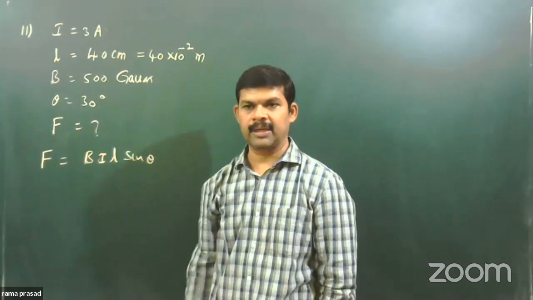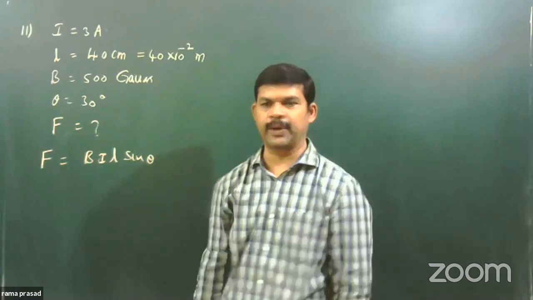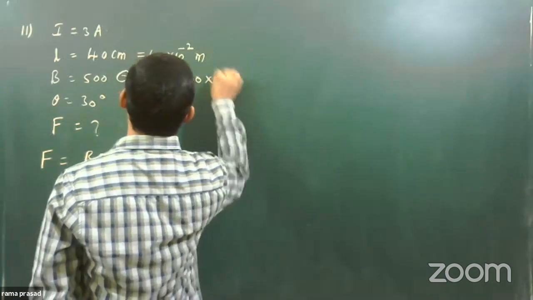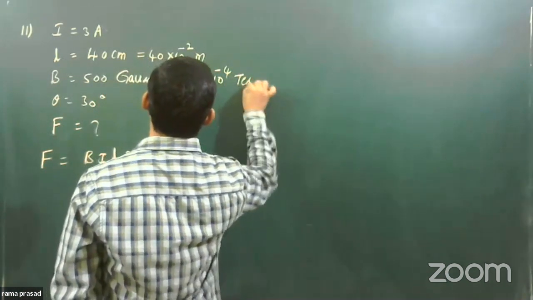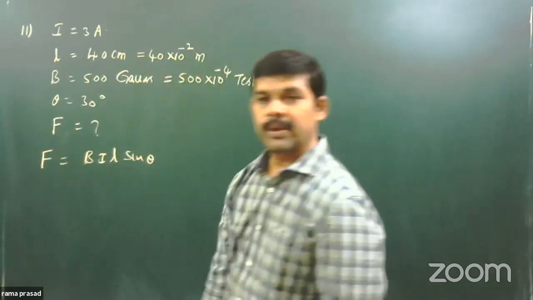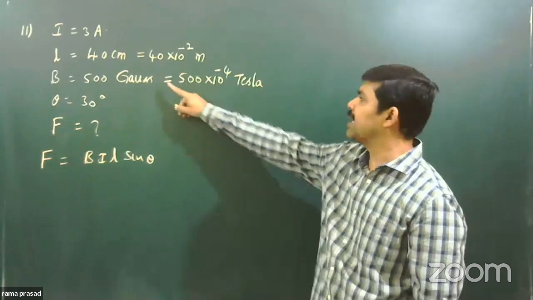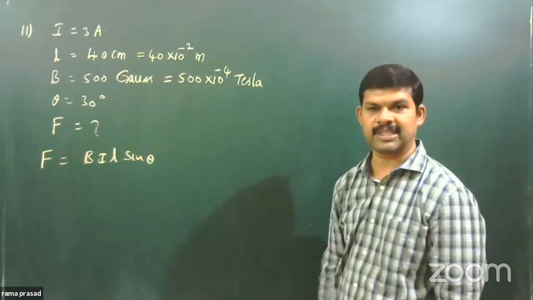If you convert it into SI unit, 1 Gauss is equal to 10 to the power of minus 4 Tesla.